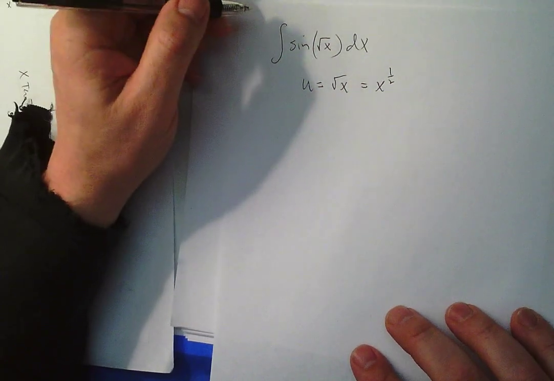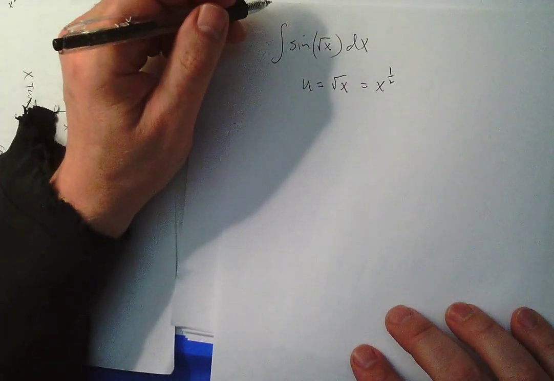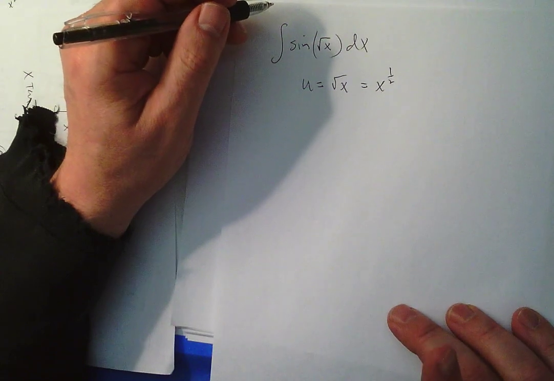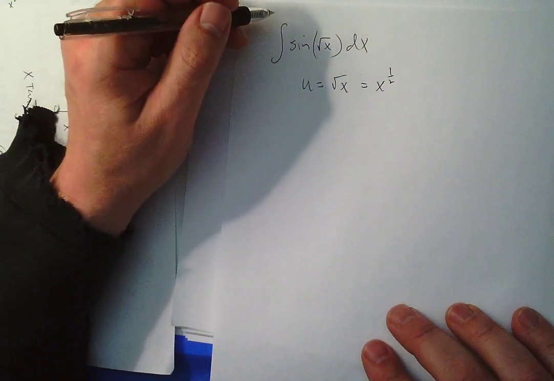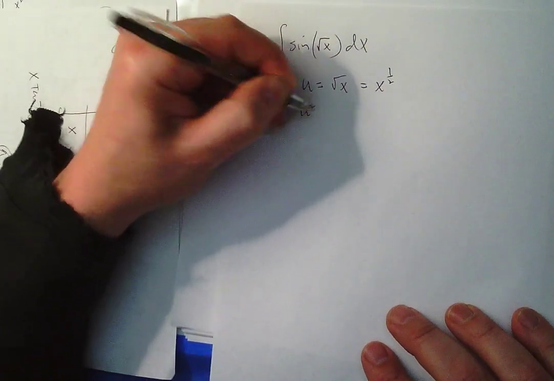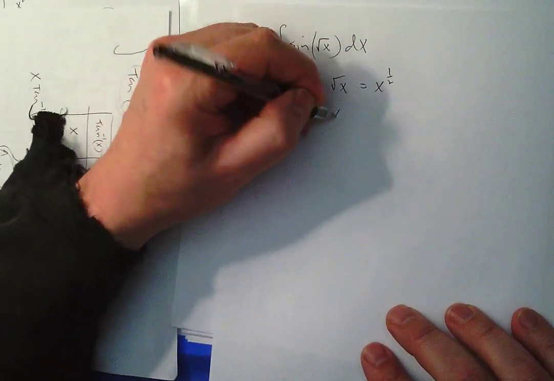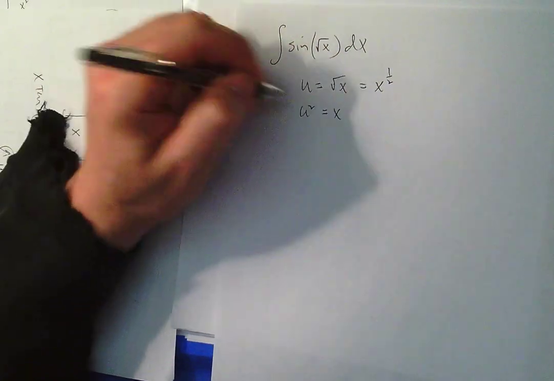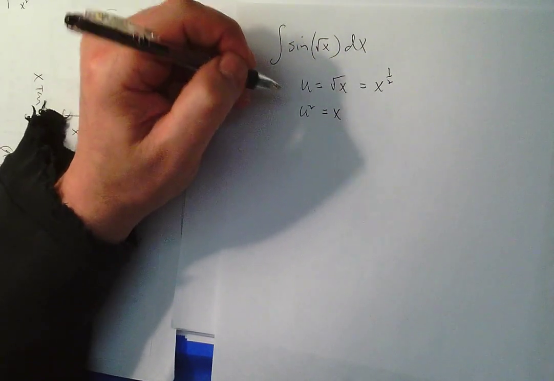Now, I'm not going to take the derivative of both sides first. I'm going to do something different. I'm going to square both sides. So when I square this, I get u squared, and when I square this, I get x. Now I'm going to take the derivative of both sides.